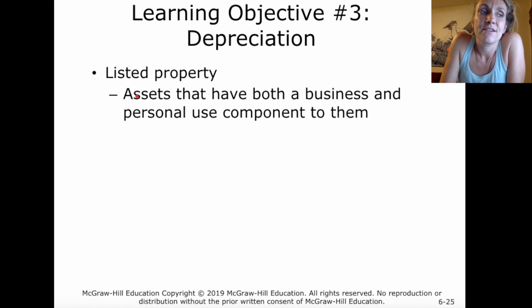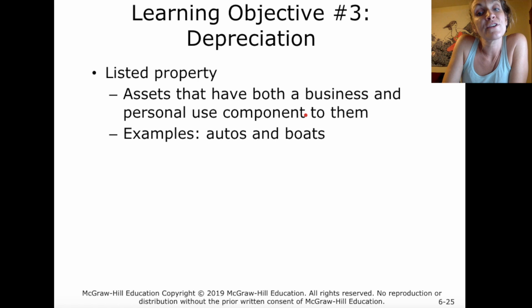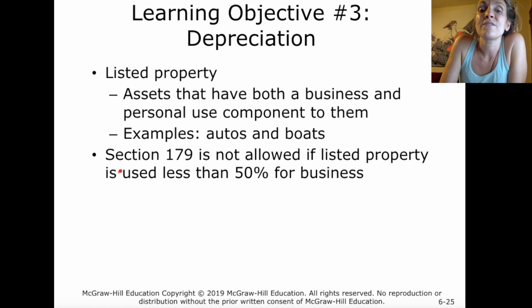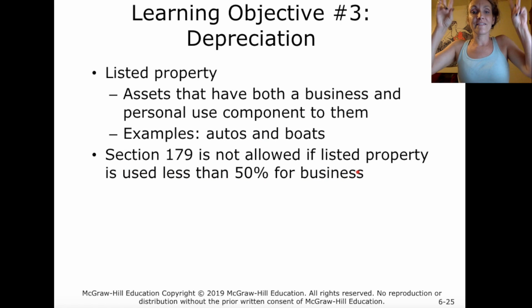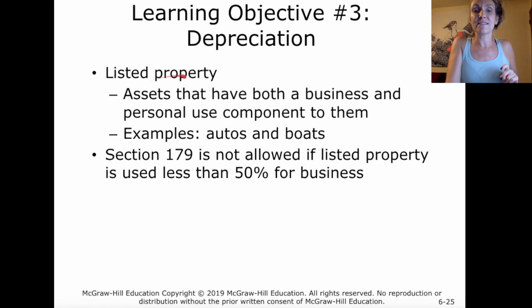Listed, like in this case, they're overlapping drastically. Listed property: assets that have both a business and personal use component to them, such as autos, boats, computers, video equipment, music equipment. Section 179 is not allowed on listed property, which is what these assets are called, unless they're used more than 50% for business.